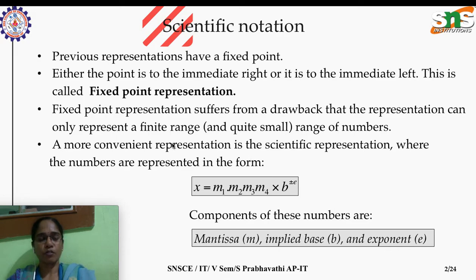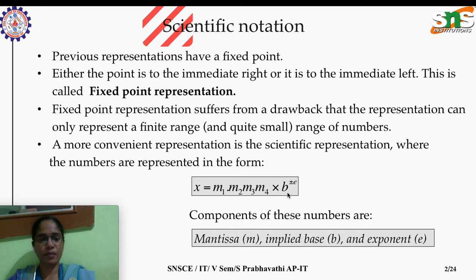To overcome this disadvantage of fixed point representation, we have the scientific notation, which is represented like this: m1 dot m2, m3, m4 etc. into b to the power of some number. Here the components are named: these m1, m2, m3 are technically the mantissa. They represent the significant digits and the implied base, and b is nothing but the base.